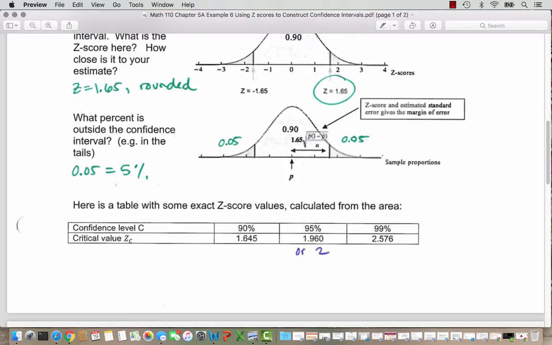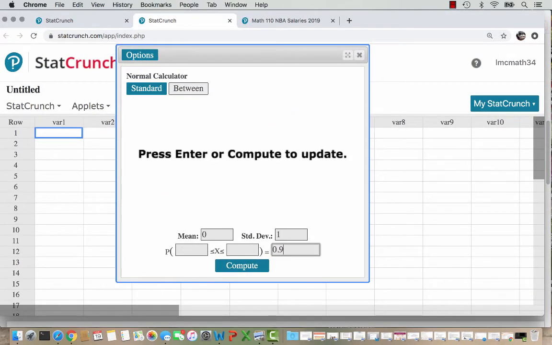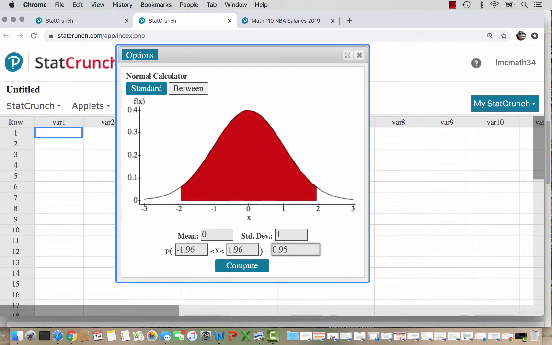And so here's a z-table with the exact z-score values. So the z is often called the critical value z. Sometimes a little subscript c is put down here. So we know for 90% confidence, we can use 1.645. For 95% confidence, we've been using 2, but if we go check exactly in StatCrunch, a more exact measurement would be 1.96.